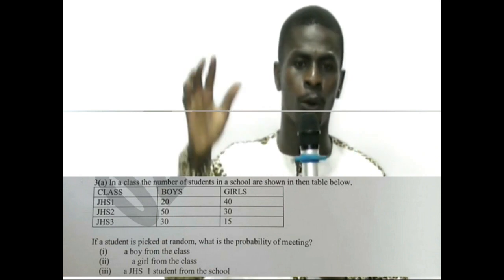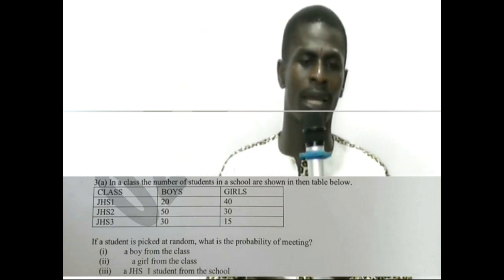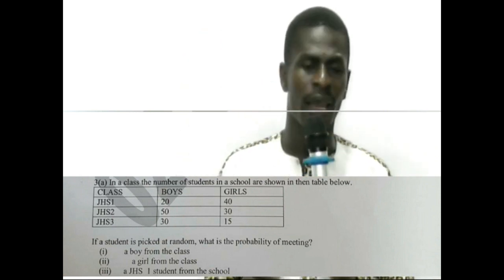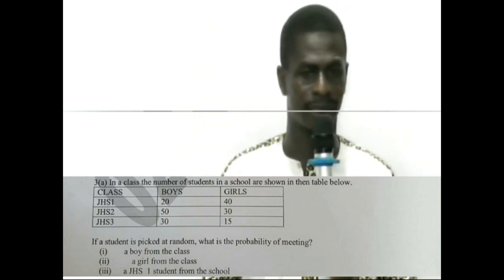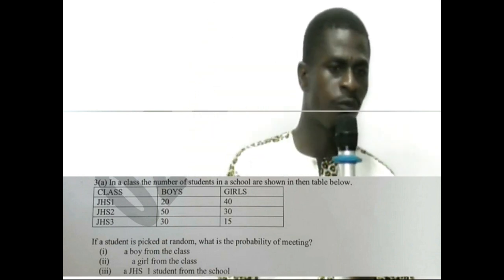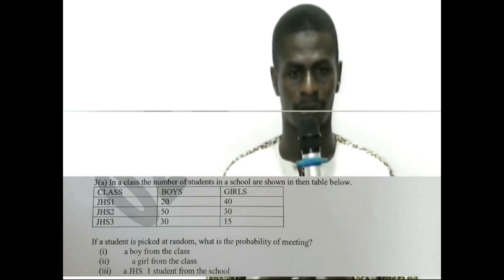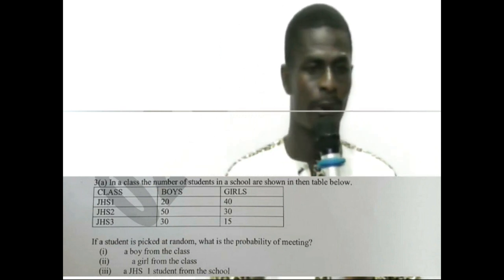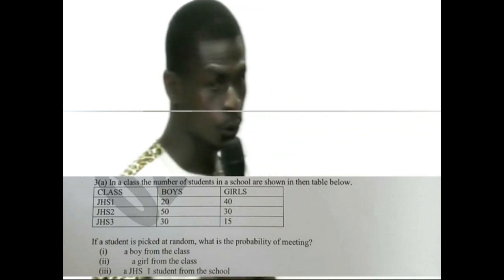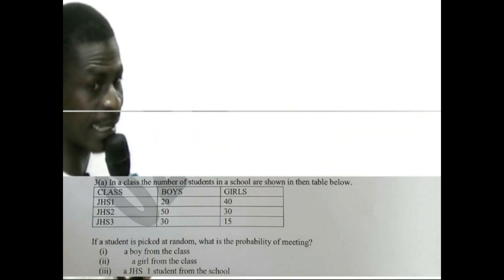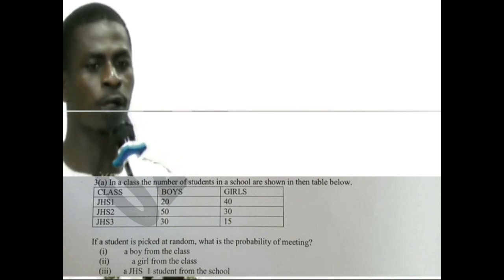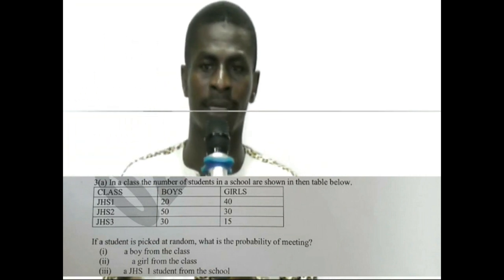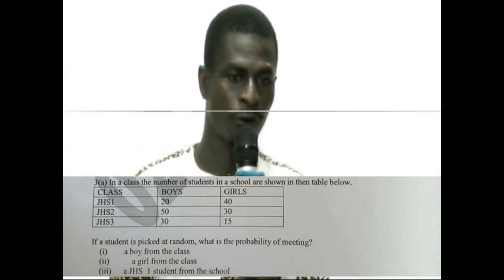For you to be able to do that, you should be able to add all the students, both boys and girls. So we are going to add the boys and then the girls, so that we know the total number of people in Form 1 to Form 3.